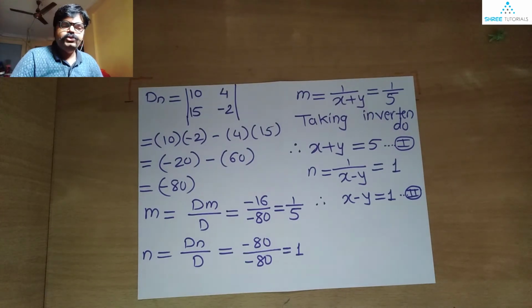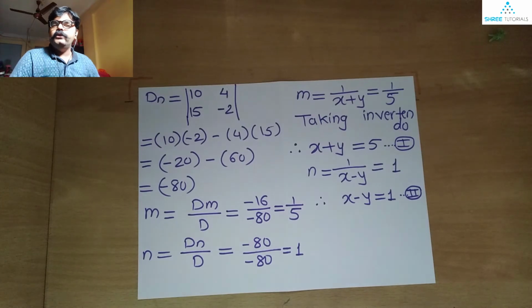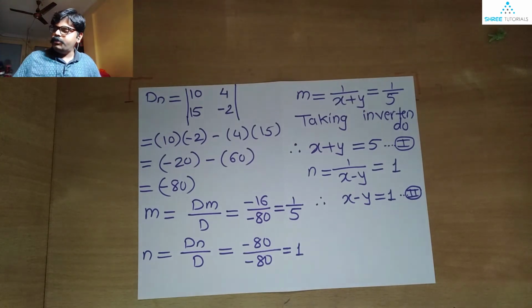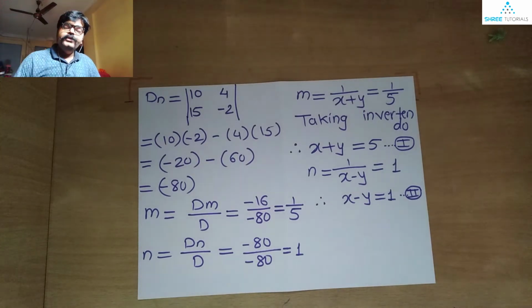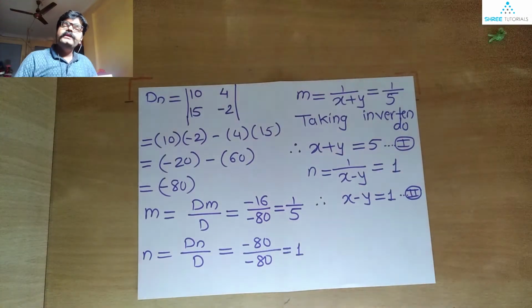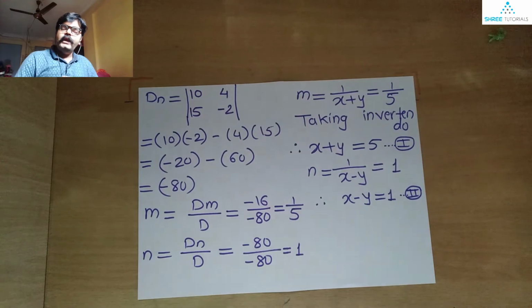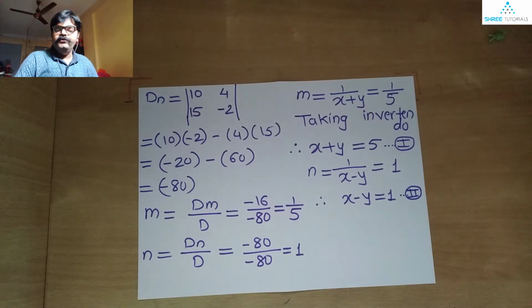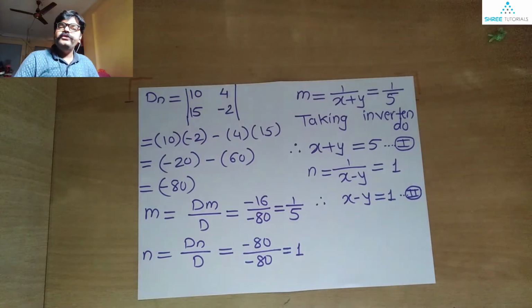Now using these two equations, we are going to calculate value for x and y. Now exactly how to solve these two equations together, we are supposed to calculate the same. But see, we are having an option in here. What exactly is that option? We can calculate by using Cramer's rule, or it can be calculated by our original old method as well, in which we used to make the coefficients same.